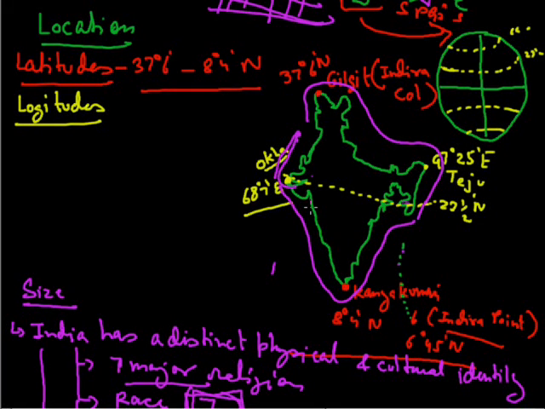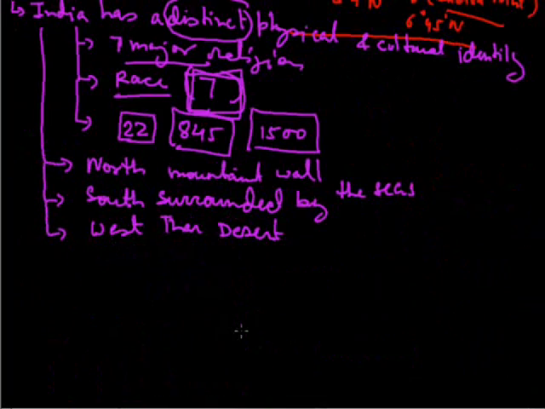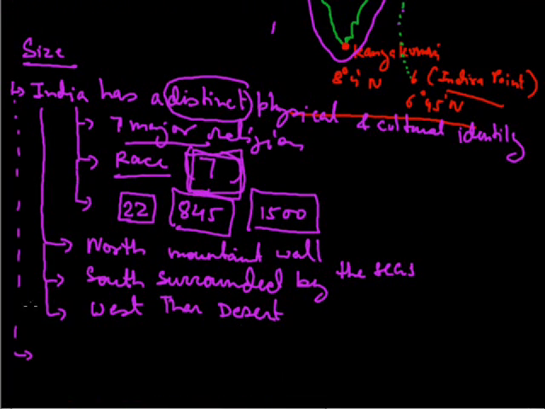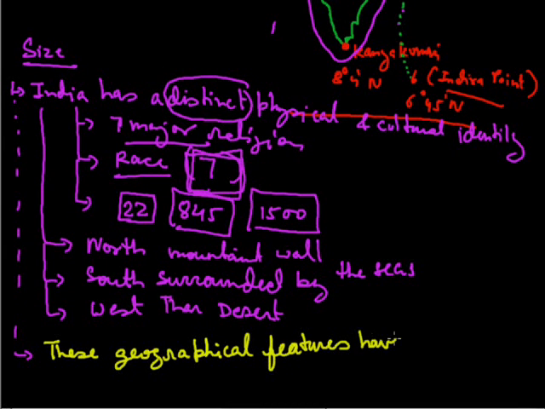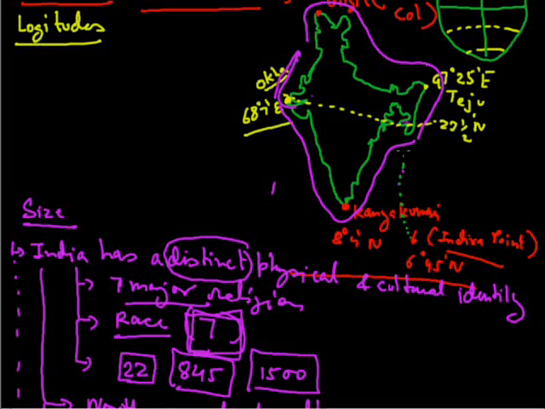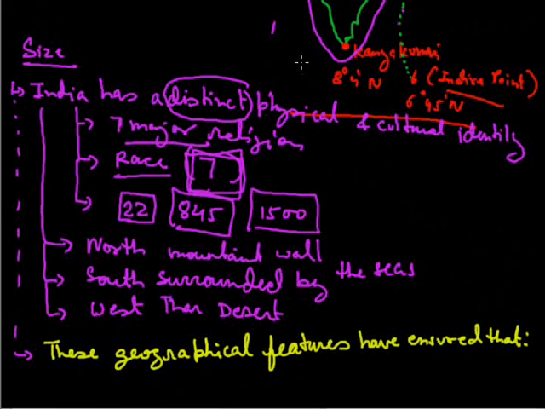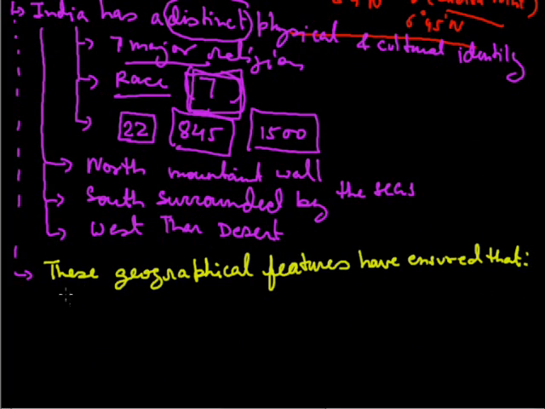And that is why we found a distinct, here we use the word distinct, a distinct type of culture here in India. And this is the main reason behind it, that for thousands of years a distinct type of culture developed here, and another reason behind it is now these geographical features, that is the mountains, sea, and the desert, ensured that, let us do it point by point.